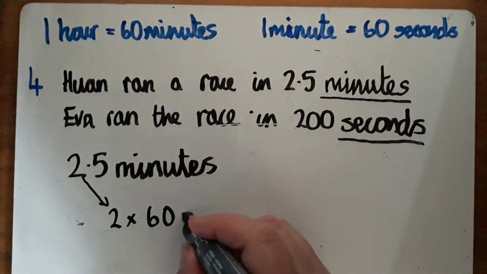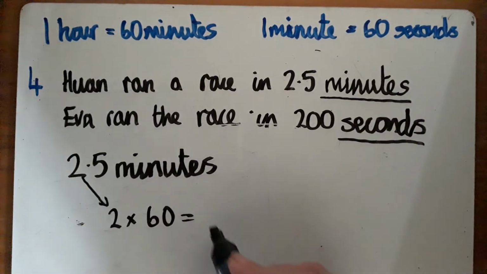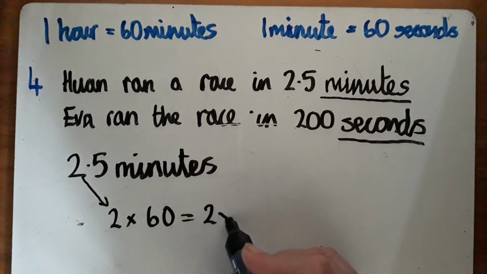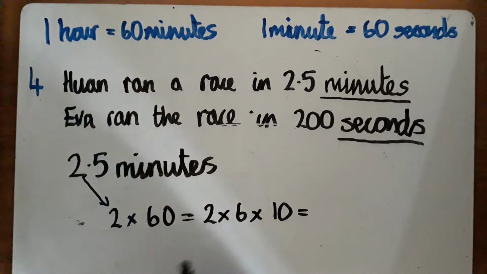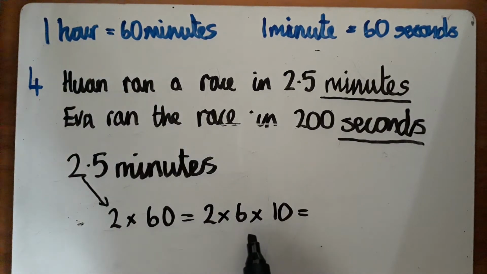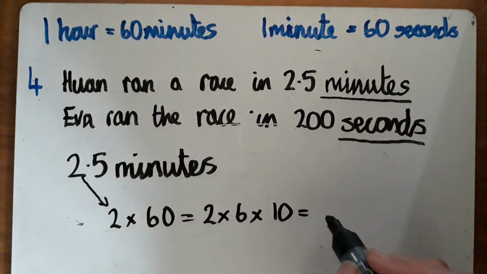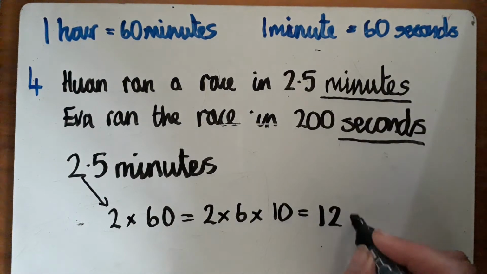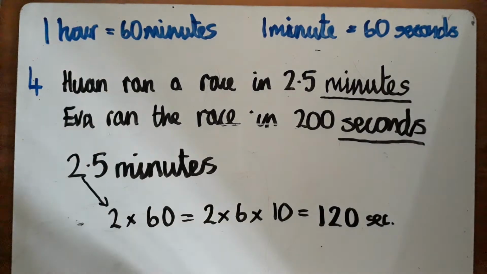What we're thinking about here is doing 2 times 6 times 10. So we know that 2 times 6 is 12, and then if we times 12 by 10, it moves up 1 place value, which is going to give us 120 seconds. Let's write it like that.